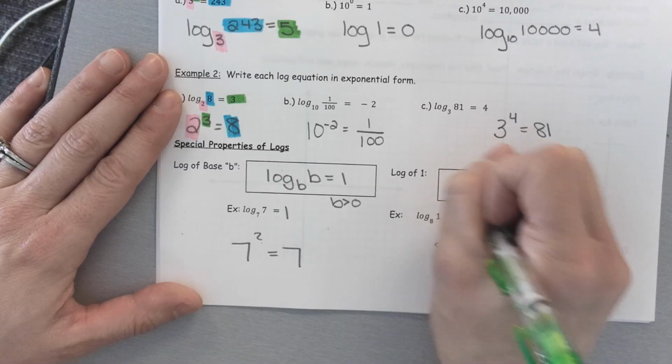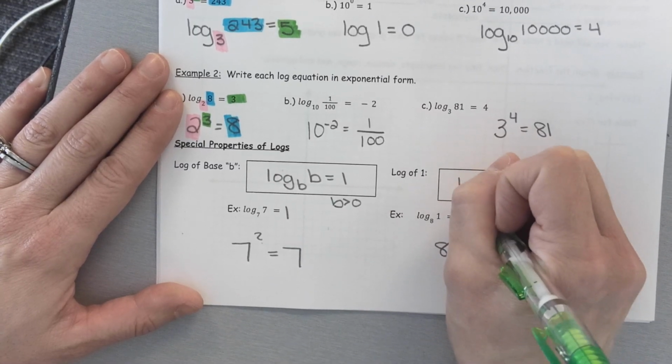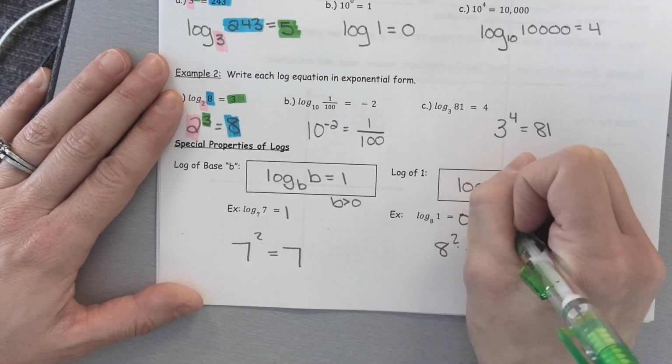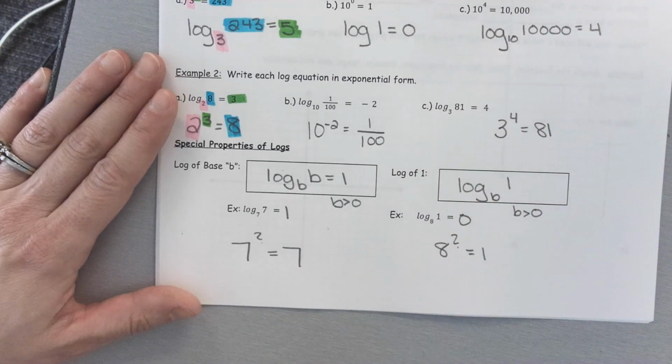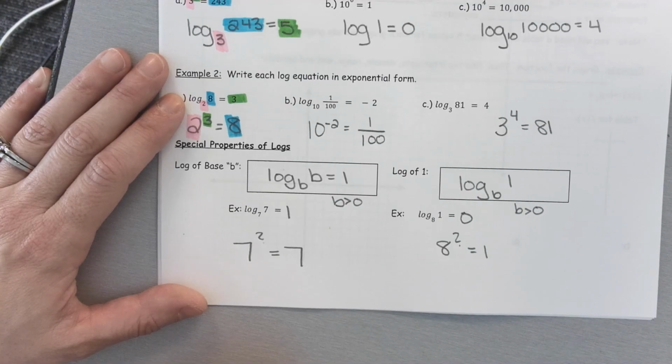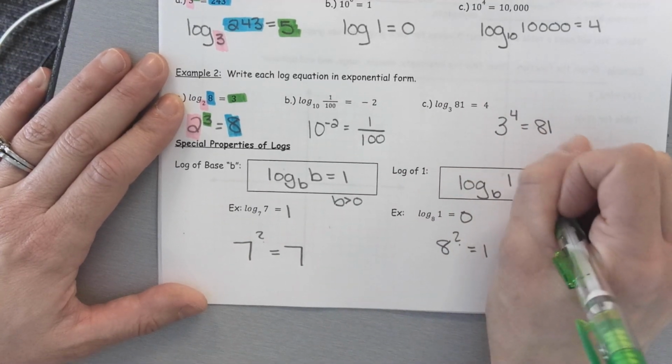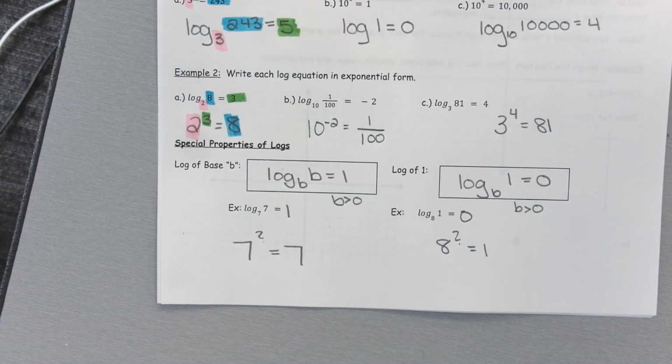So if you have log to the base b, b could be anything as long as it's greater than 0. Again, we're not going to get any values that are less than 0. It's always going to be 0 here. So log to the base b of 1 will always equal 0. If what you're taking the log of is 1, the answer is always 0.